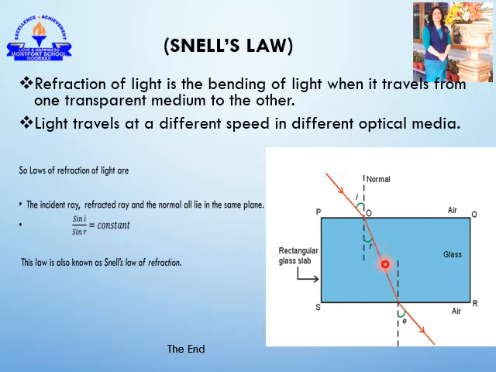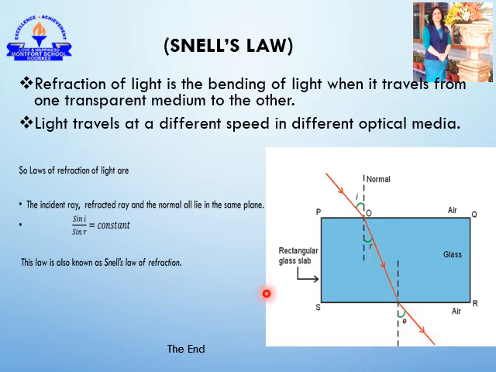Now the ray is going from glass toward the air. It is moving from a denser medium to a rarer medium. Hence at this point, the ray of light will move away from the normal, as light in the denser medium moves with slow velocity, but when it comes to the rarer medium, it moves faster. Hence, this ray of light will move away from the normal.